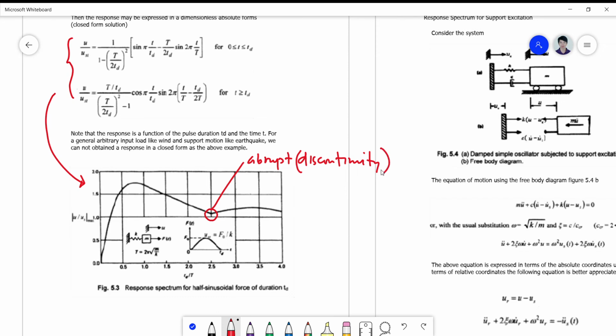At this point, your time now exceeds the time duration TD.